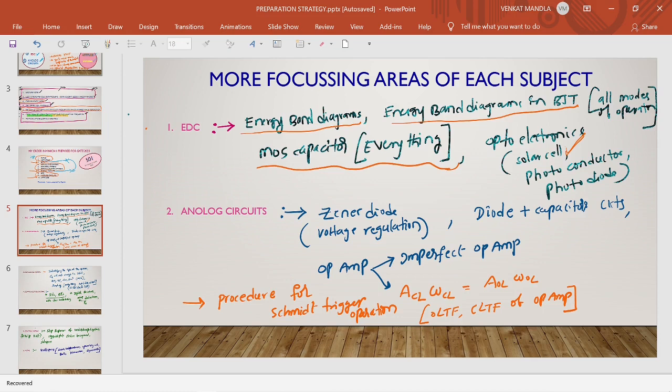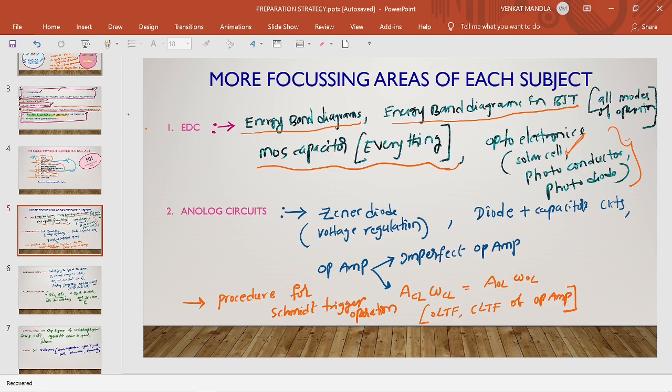On the photoconductor, you have a relation of wavelength versus responsivity. This entire part you have to focus on. Go through it once and try to solve more and more problems. A very easy topic. And the next one, analog circuits.